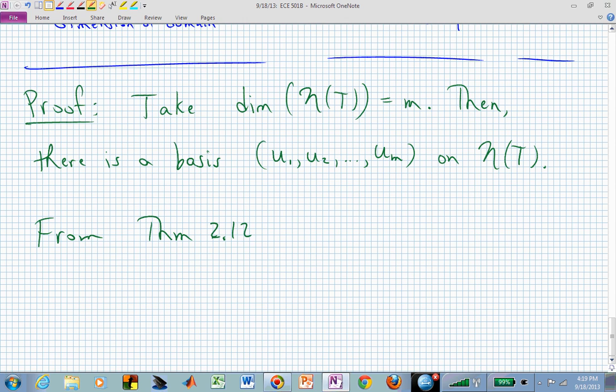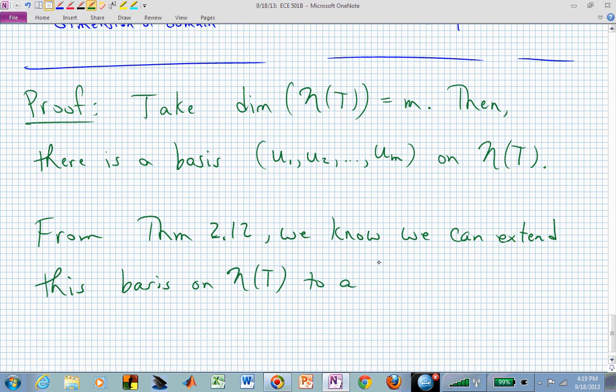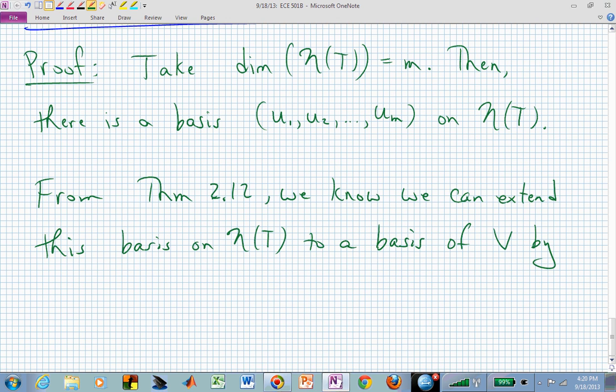So from theorem 2.12, we know we can extend this basis on the null space of T to a basis of V by adding the necessary number of vectors, however many vectors we need.